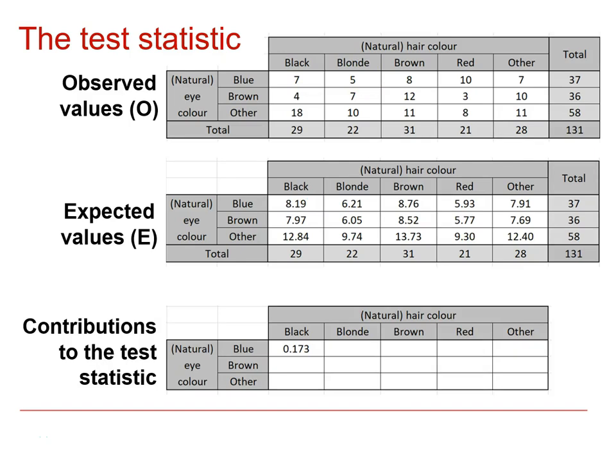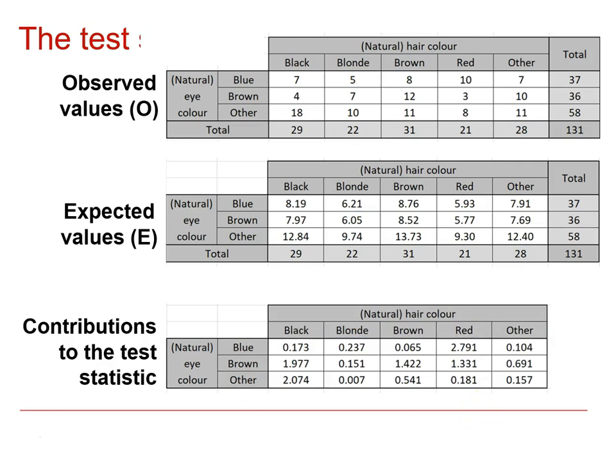I then put that value into a new table called the contributions to the test statistic. I then continue next doing blue and blonde to fill in this table here.